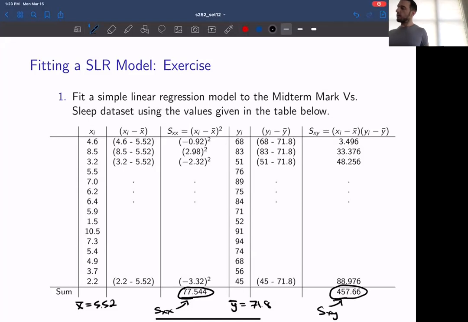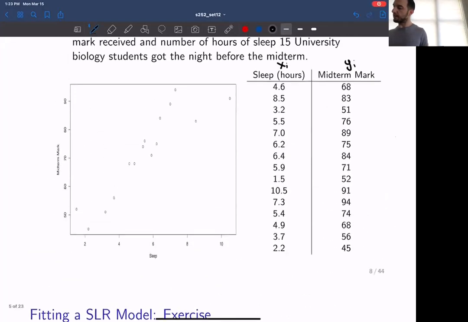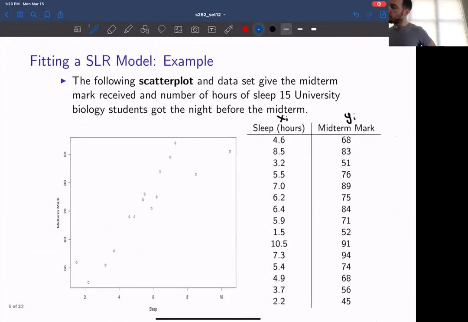When we look at the data in the scatter plot, what we're asking is, if we were to draw a straight line through the data set, does that seem reasonable? Does an SLR model seem reasonable?